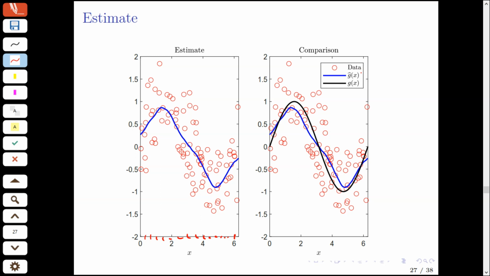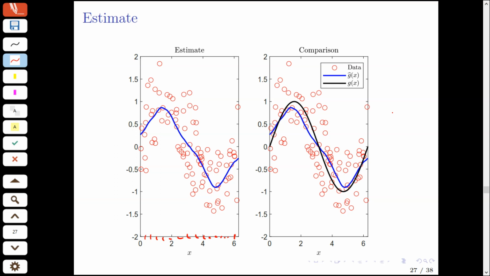Now, since we're in control of the data generating process here, I can actually add on the graph the true function g in order to assess the performance of the kernel estimate. So that's what we're doing here in the right-hand side panel. And what we see is that the kernel estimate in this particular setting with this particular sample size as well as bandwidth does fairly well in that it correctly captures the movements of the underlying g function, at least up to some sampling error, right?